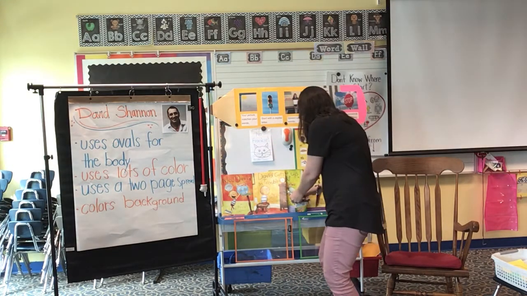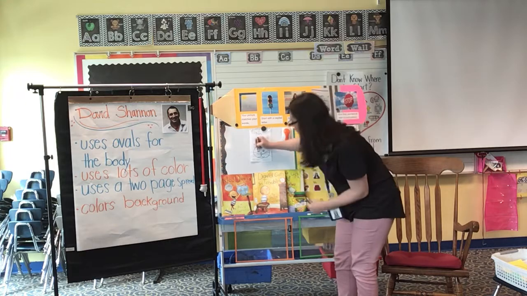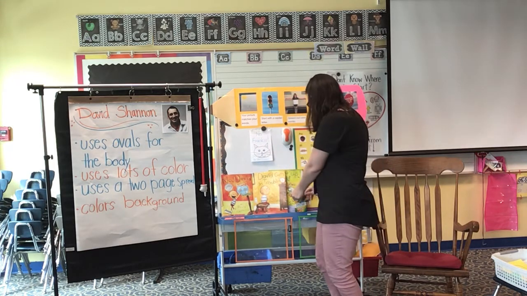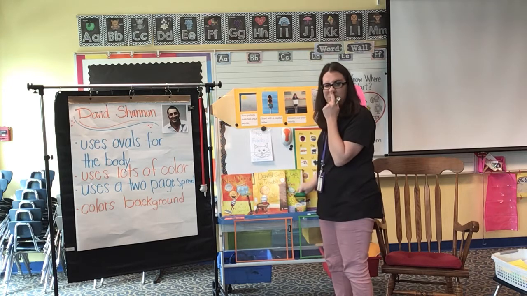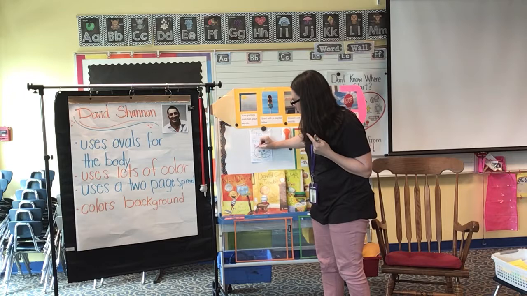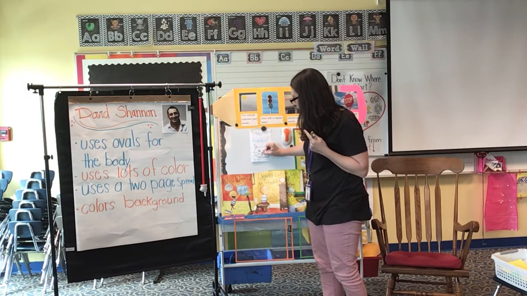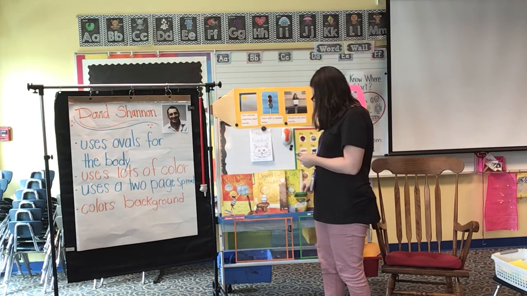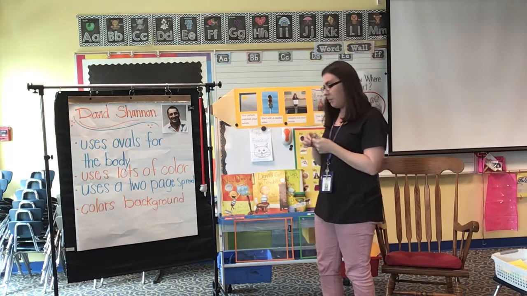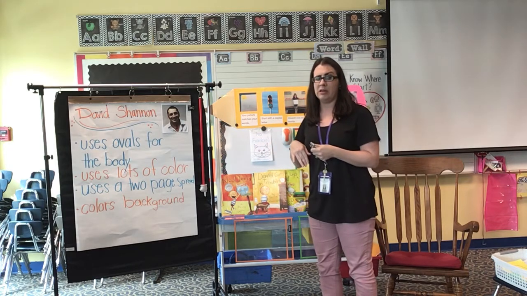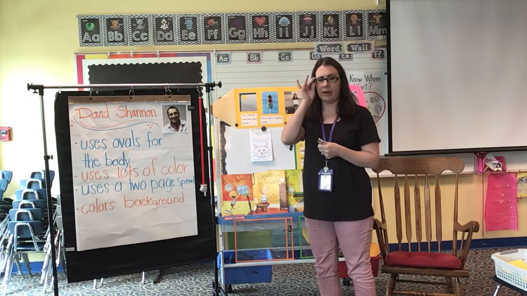I almost forgot, we need some details. She's got green eyes, so I'm going to put some green here for her eyes. And her nose is kind of pink, and even in the middle of her ears is pink. So I'm going to add the color detail. And then I'm going to come back to shading her in, and I'll color her in a little bit, but I want to show you how to color in the background.